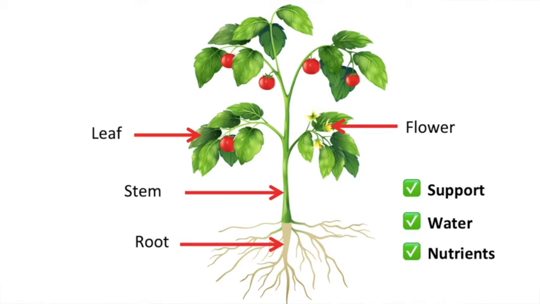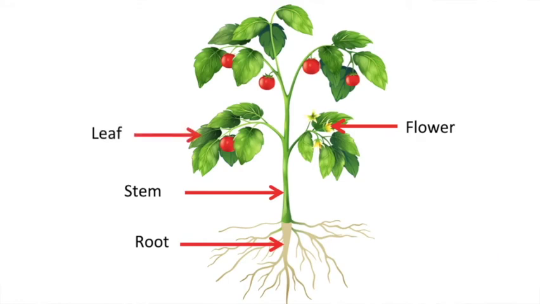This is because it transports the water and nutrients from the root to the leaves and flowers. So, after the roots have absorbed water and nutrients from the soil, the stem allows them to be carried up to the leaves. The leaves of a plant are very important, as this is where the process of photosynthesis takes place.